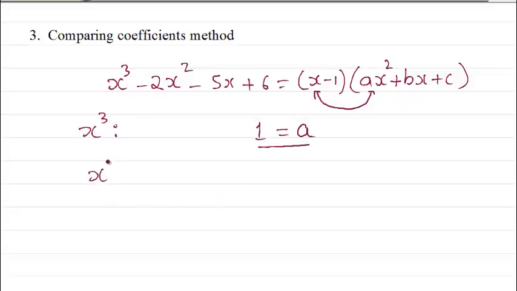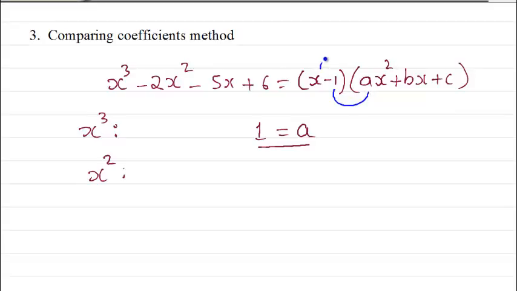Then we're going to do the coefficient of x squared. Right, x squared is going to come from two places. One is when we multiply this minus 1 by ax squared.